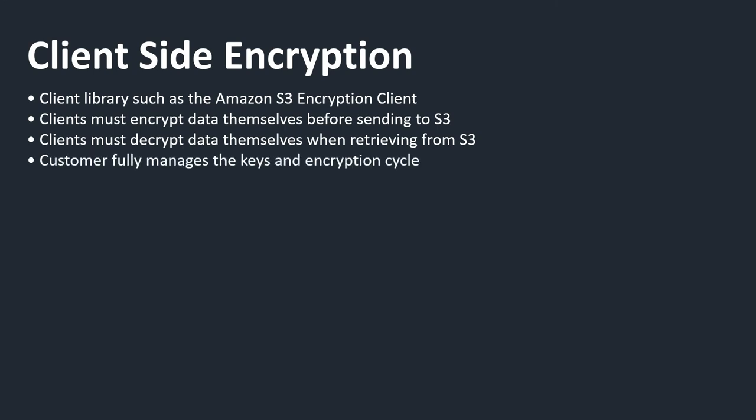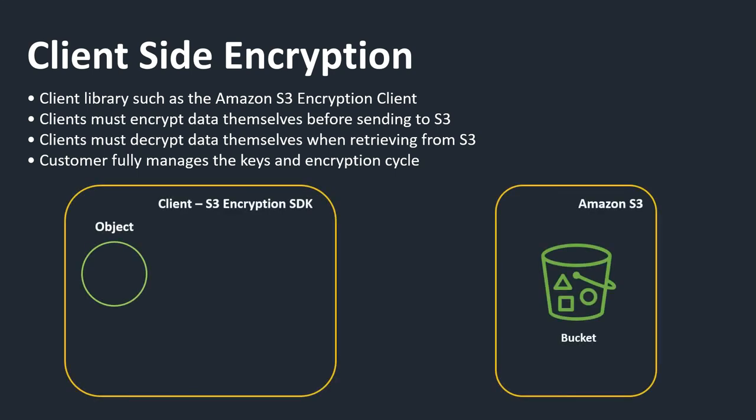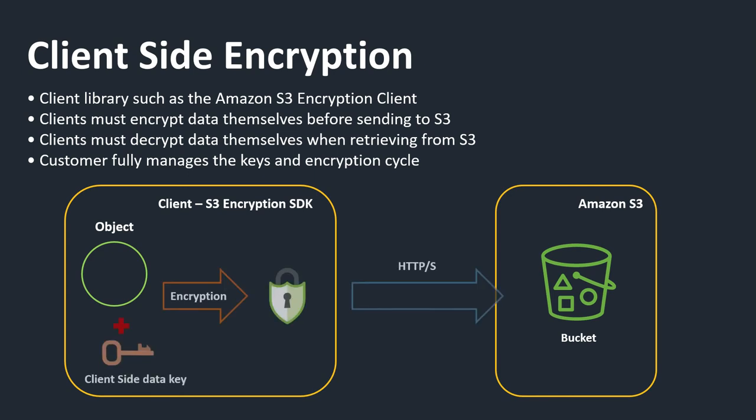So let's have an example. Amazon S3 this time is just the buckets, where it's not doing any encryption for us, because it is client-side encryption, not server-side encryption. And so on the client side, we will use an encryption SDK, for example the S3 encryption SDK, which takes the object and our client-side data key.